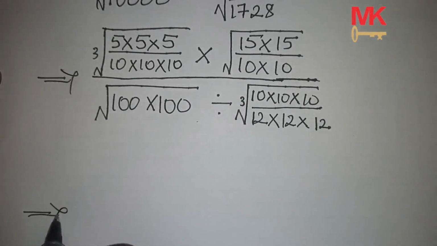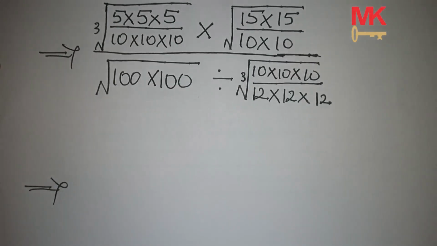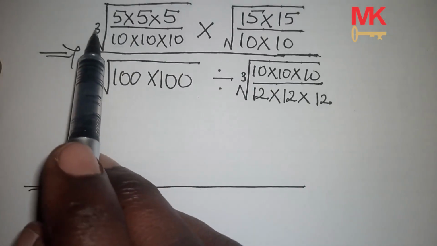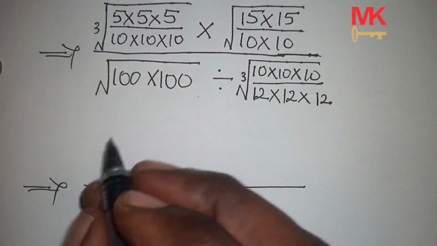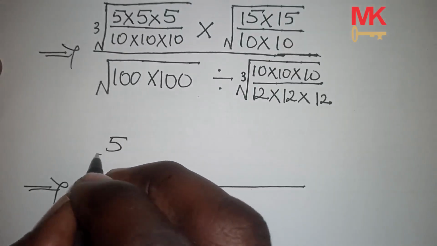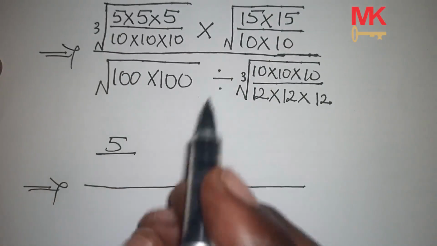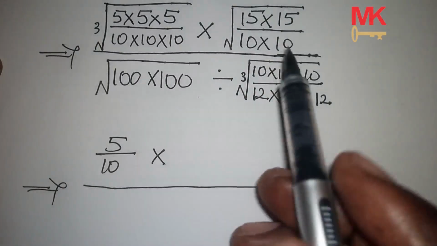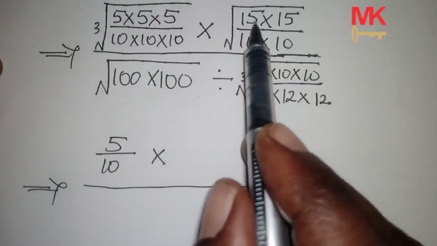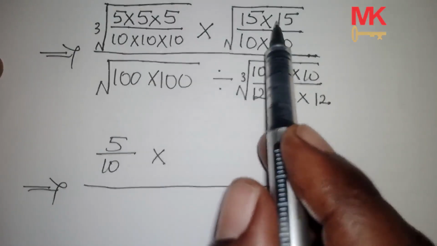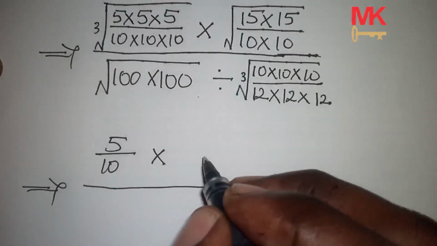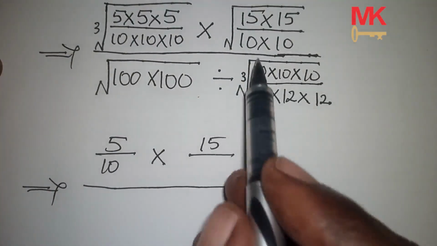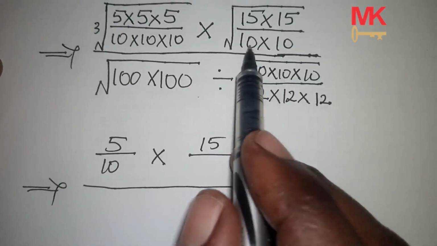So from here, this implies a line of division. We'll pick one of these for cube root. Cube root of 125 is 5. The cube root of 1000 is 10, times the square root of 225, which gives us 15, divided by the square root of 100 at the bottom.